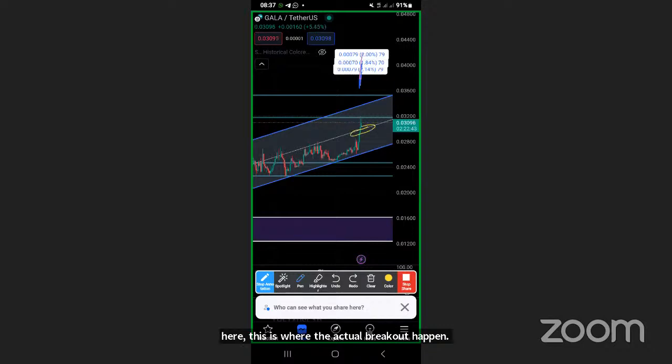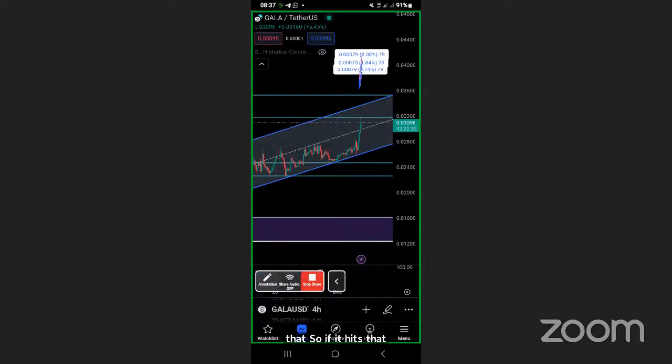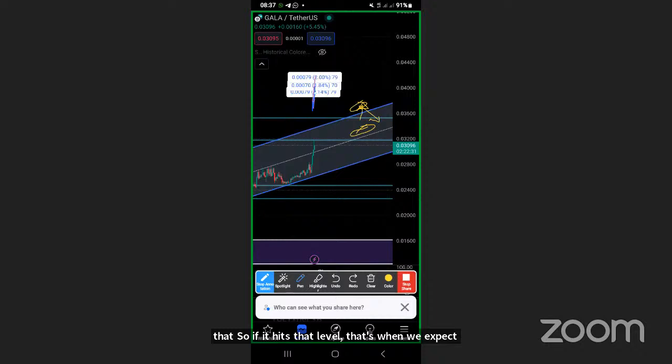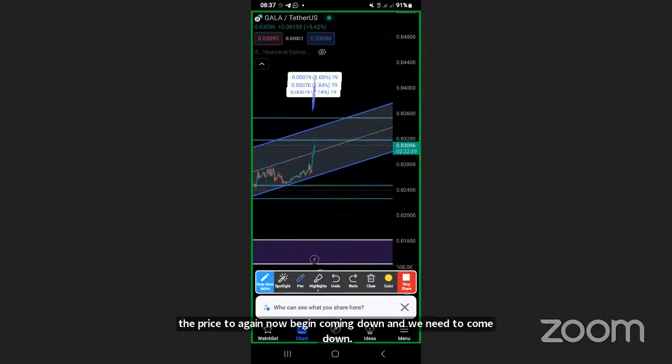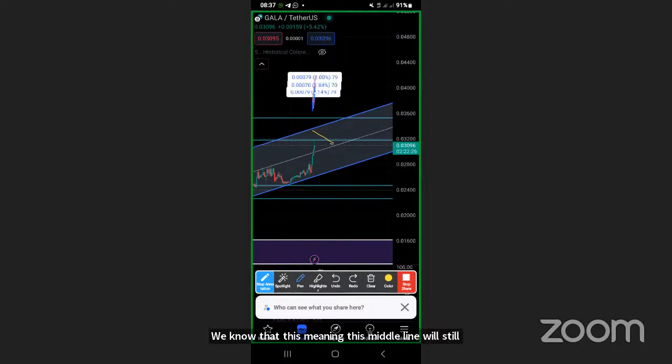With this breakout, we are pretty sure that the next destination of the resistance will be that. If it hits that level, that's when we expect the price to begin coming down. And when it's coming down, we know that this middle line will still play a part. It may come and support the price and then the price goes up, or it may build up enough momentum to cause a breakout of this upper resistance.